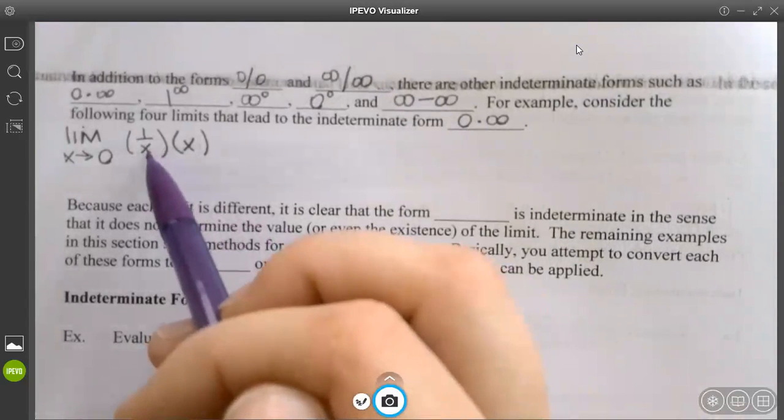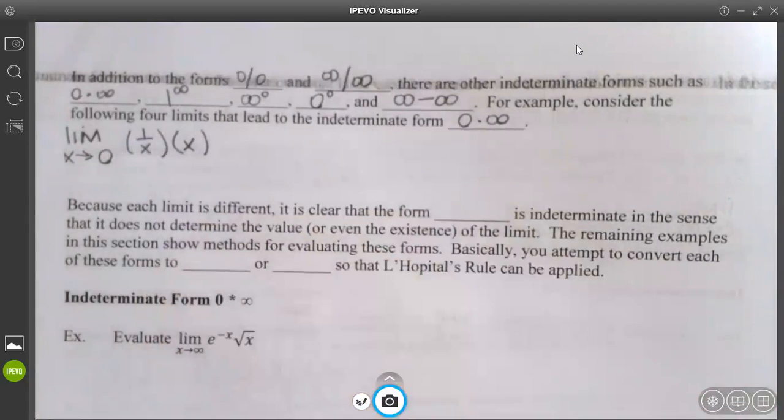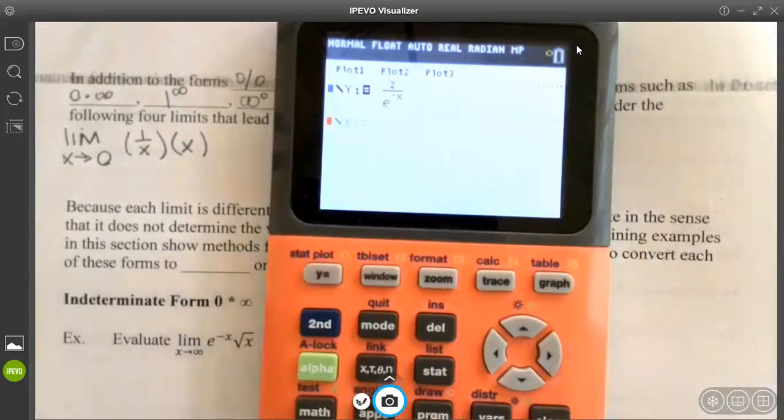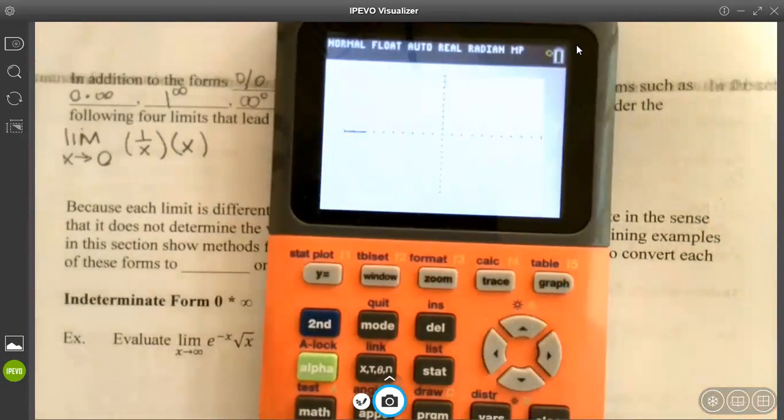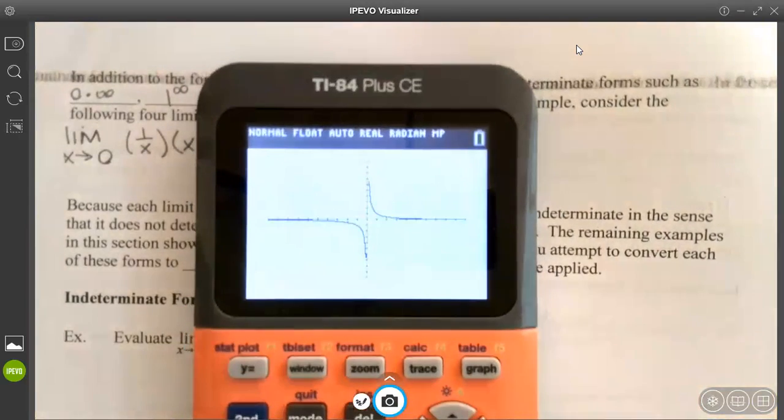The limit as x approaches 0, what happens right here? Again, we just talked about this. Look at it.